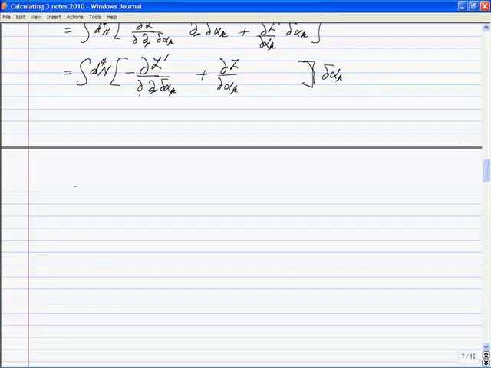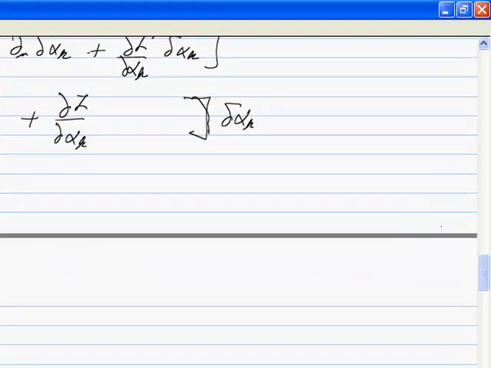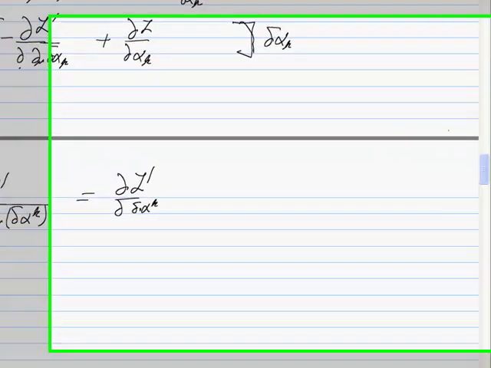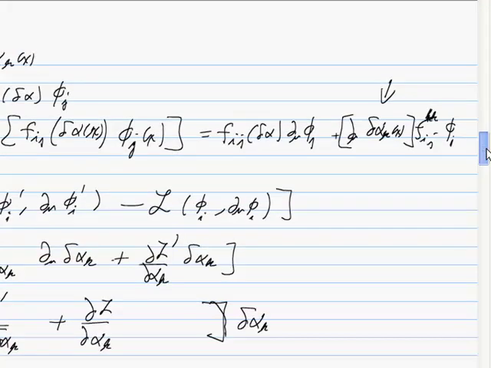Now, we've just derived the following: d mu of the derivative of L prime with respect to d mu delta alpha k equals the derivative of the Lagrangian with respect to delta alpha k. So playing silly math games there, we've gotten this. That's general. But now comes the main feature.